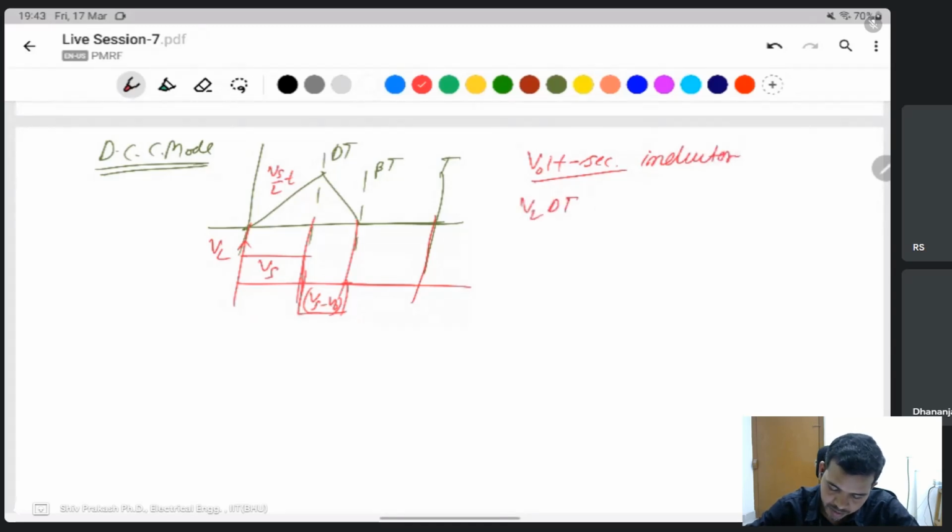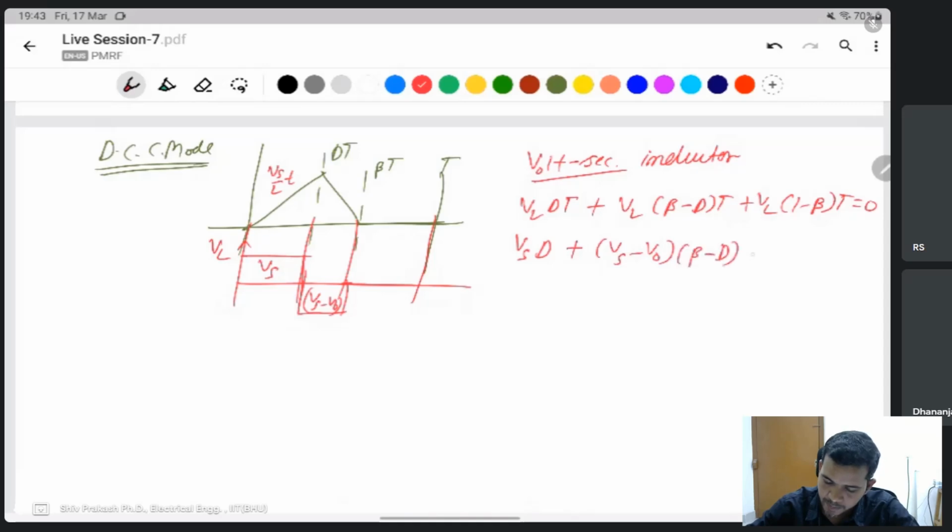VL into dt plus VL into beta minus d into t plus VL into 1 minus beta into t equal to 0. Here VL is Vs into dt, plus here it is Vs minus V naught into beta minus d, is 0. That time current is 0 and voltage also 0.